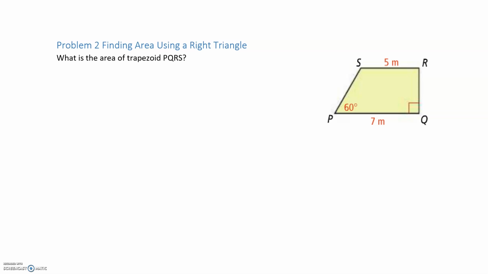So now we're going to find the area using our special right triangles. If we have our right triangle right here, you know that this whole side is 7 and this shorter side is 5. So if we take 7 minus 5, that leaves us with 2 right here. And we want to find the height of this trapezoid. If we have a 30, 60, 90 triangle, we know that our shorter side is s, and our longer leg is going to be s square root of 3. So that means that our height is going to equal 2 square root of 3.